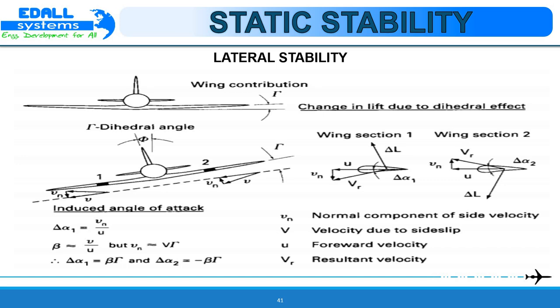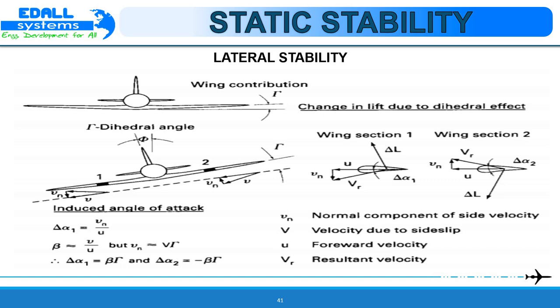The approximate side slip angle is beta equals V by U, but Vn equals V gamma. Assuming that gamma is a small angle, the change of angle can be written as delta alpha equals beta gamma. Here on the left wing we have delta alpha 1 equals beta gamma and delta alpha 2 equals minus beta gamma, which says the angle of attack on the upward moving wing will be decreased by the same amount.